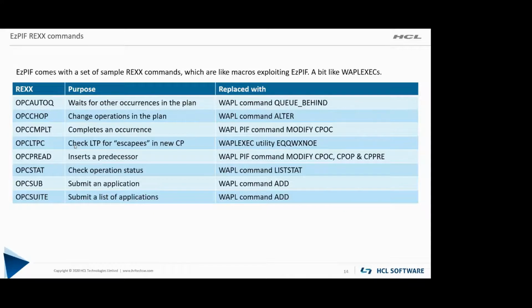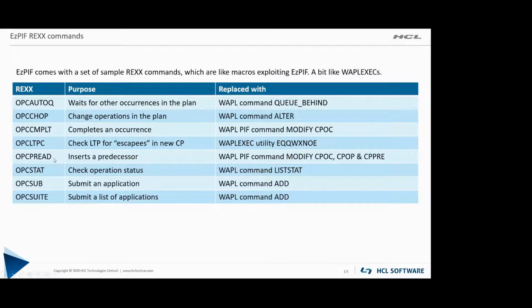Usually you'll have a time dependency or a manual operation or some other dependency. And what this job does is it tells you when you've got one of those, so you don't extend the plan and suddenly find you've run a DB2 reorg in the middle of your online day because the application that it was supposed to wait for wasn't there that day. And in here, we've also got a WAPL exec utility called EQQWXNOE, no escape. That'll do the same thing.